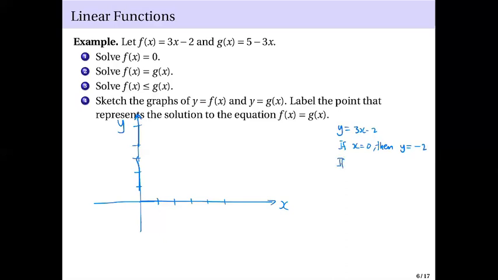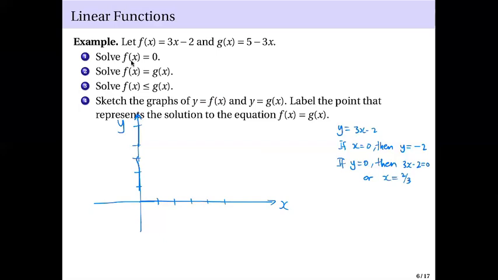If y equals 0, then you have 3x minus 2 equals 0. But we solved this. We solved that x must be equal to 2/3. So we have the points 0, comma negative 2, and 2/3, comma 0.